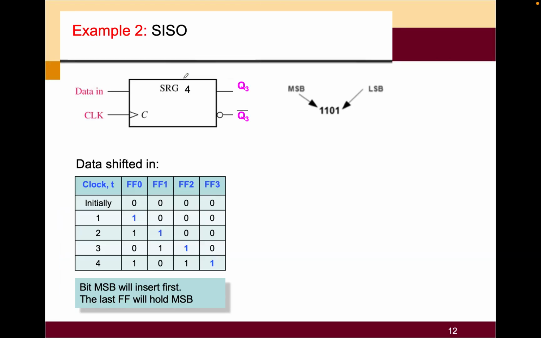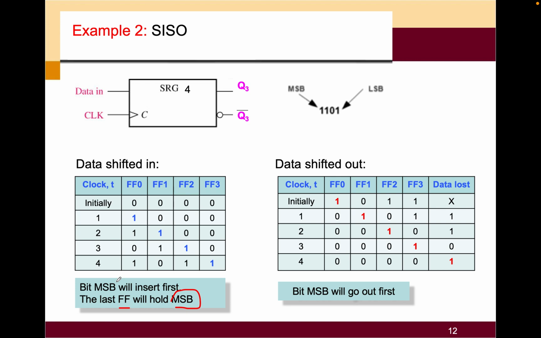Okay, let's assume that the question asks you to do the input of your MSB filled in first. The last FF will hold your MSB. So it's going to be serial, and it's going to come out with the MSB first. So for the rest, you're going to see the MSB will go out first.